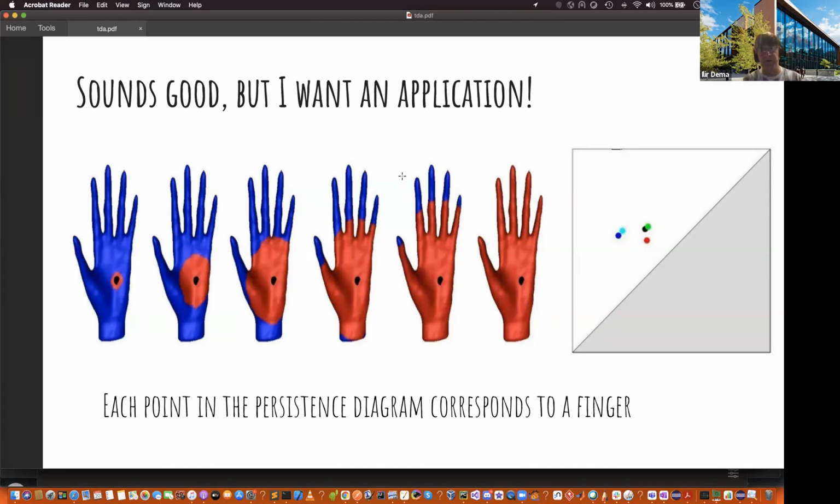Another element that you might find very interesting is sensor network coverage. Imagine you have these internet routers in a building, and you'd like to know if there are areas that are not covered, or where you need a new router.